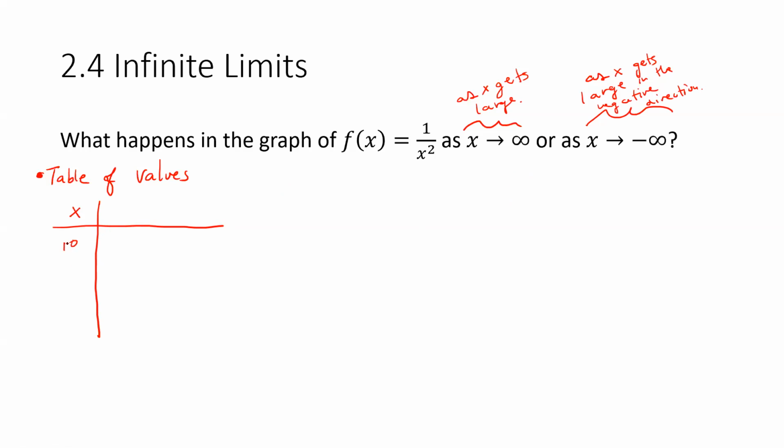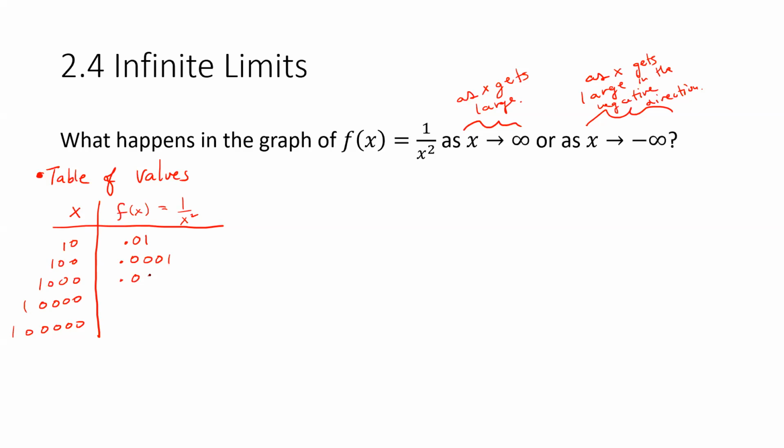All right, so you can think, if I put bigger and bigger values in for x, how is the function 1 over x squared going to behave? Well, you notice here, 1 over 10 squared would be 1 over 100, so that would be 0.01, or 1 over 100 squared would be 0.0001, and so on, right?